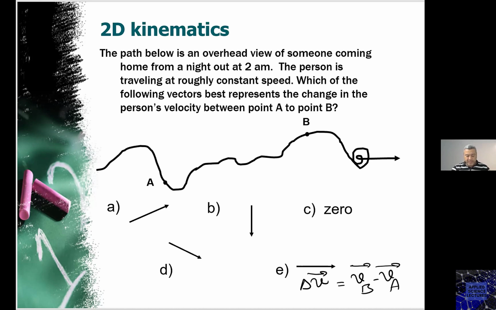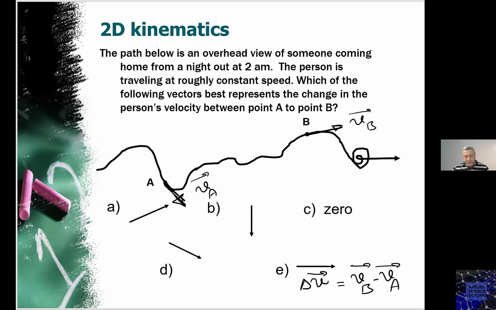So here we can do it this way. Let's draw the tangent line for the VB here. So this is VB. And the tangent line for VA. VA.